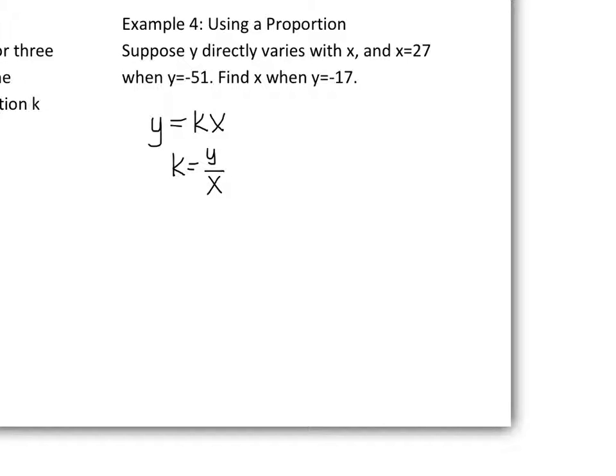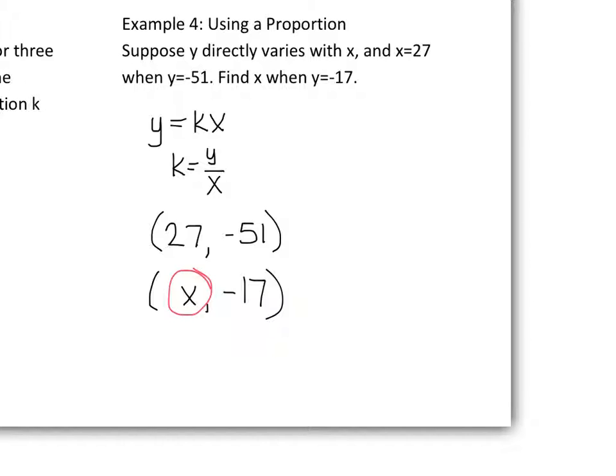X is 27 when y is negative 51. So that's a point: 27, negative 51. We need to find the x when y is negative 17. So this is what we need to figure out.